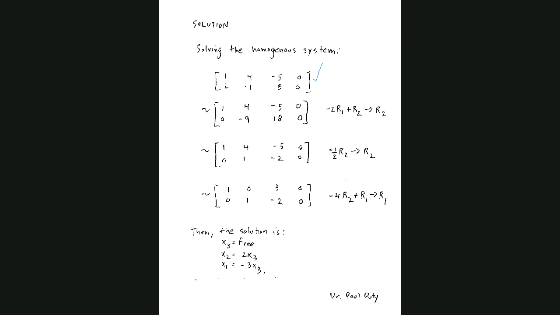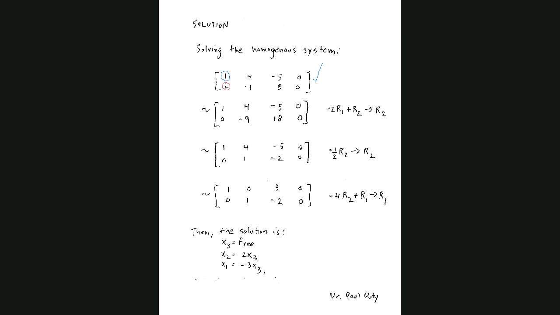Of course, what's that one up in the top left corner called? Good, it's a pivot. We use pivots to produce zeros in the column that the pivot is in. So I want to get a 0 where the 2 is.